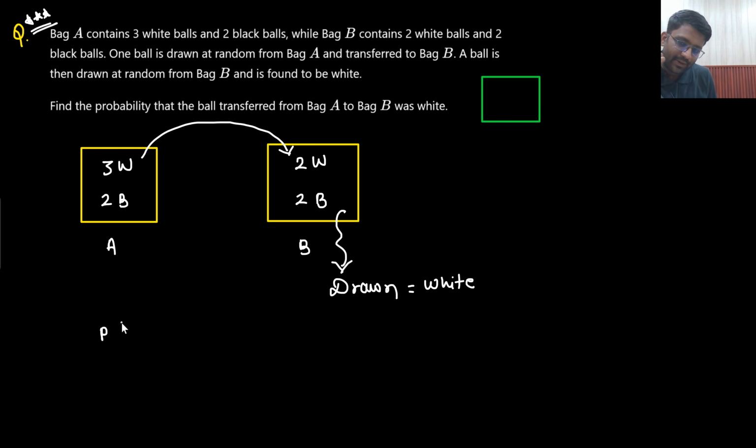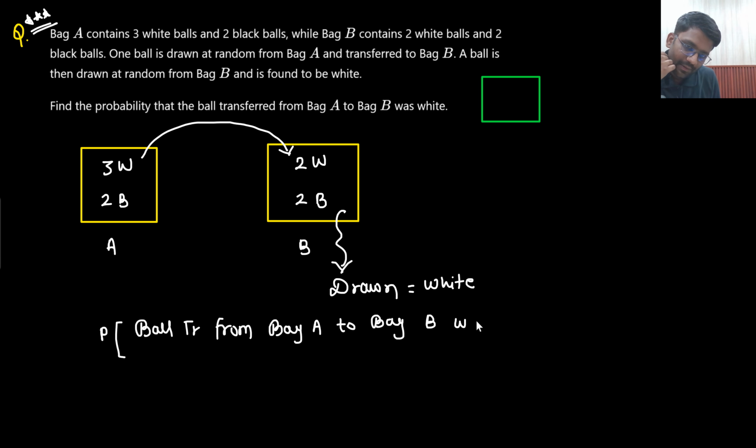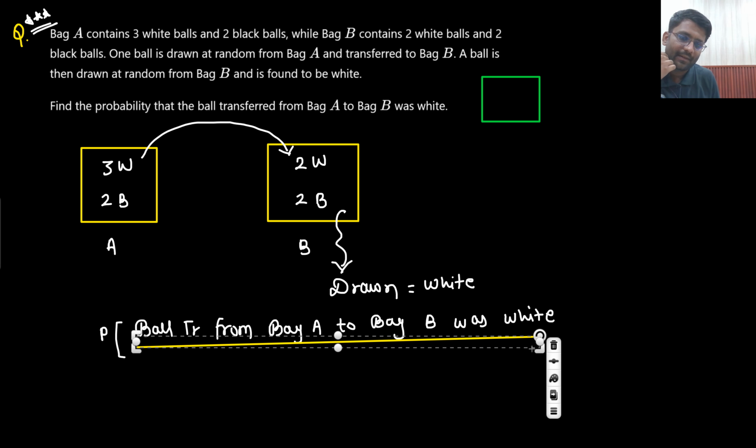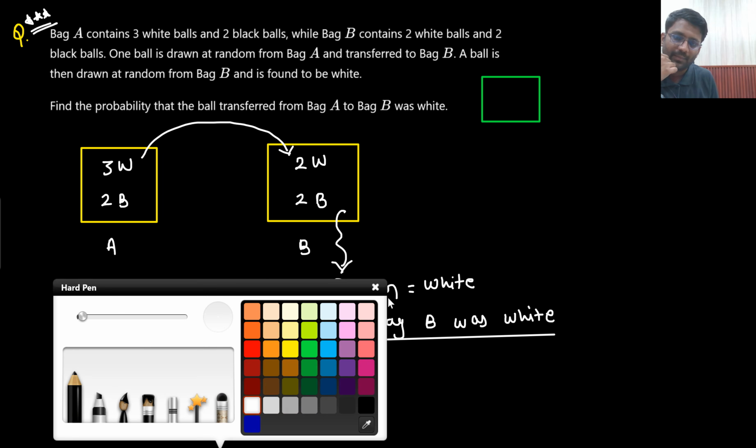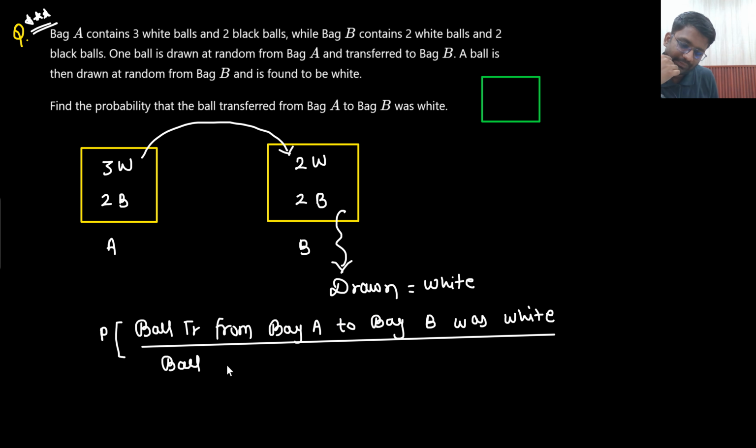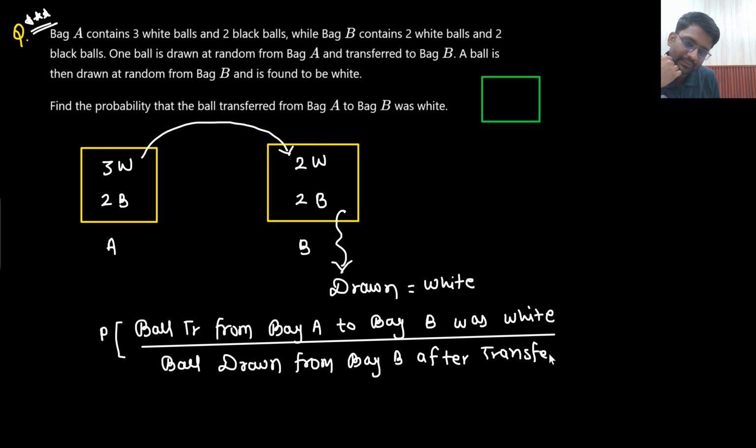So you need to find out the probability that the ball transferred from bag A to bag B was white, given that the ball drawn from bag B after transfer was white.